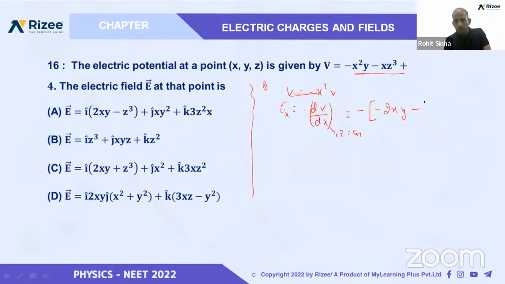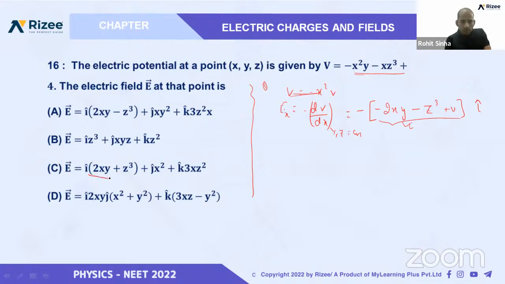Now we can write like this: z cubed plus 0, and multiply this with i cap. Now we will check this option, and the minus sign inside. We will check whether any option is like this.